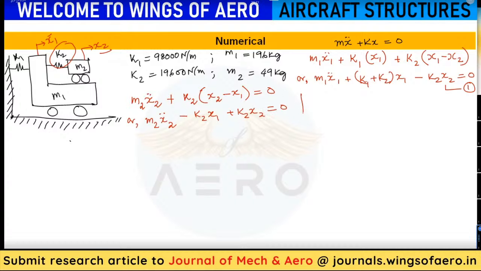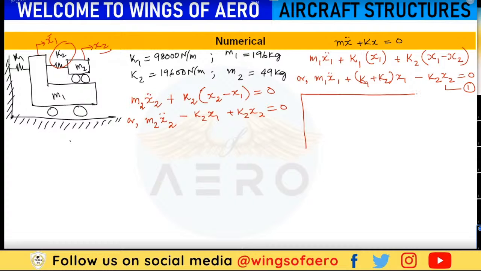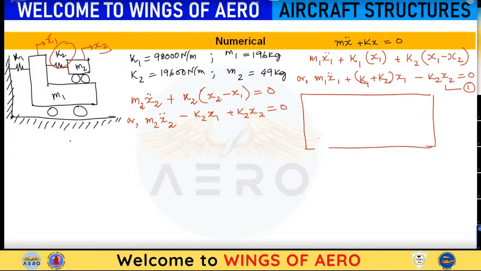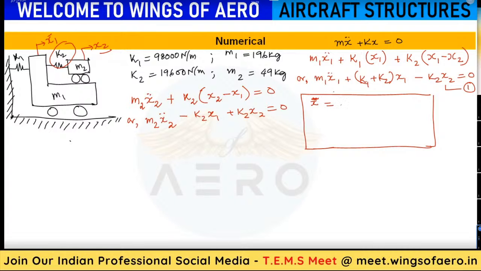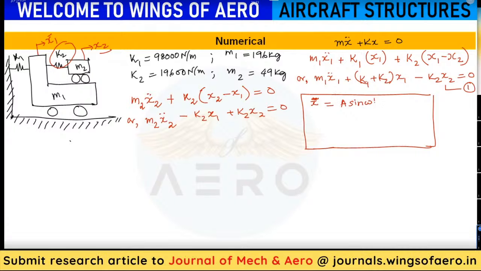Okay. Now here you need to remember, we are going to transform this x double dot and x value. So x double dot represents a double differentiation. x means a sine omega t.